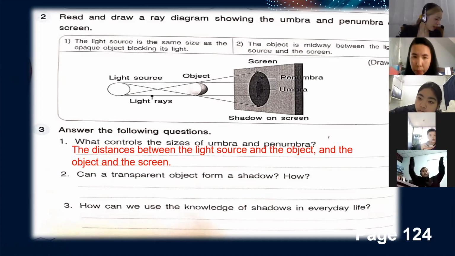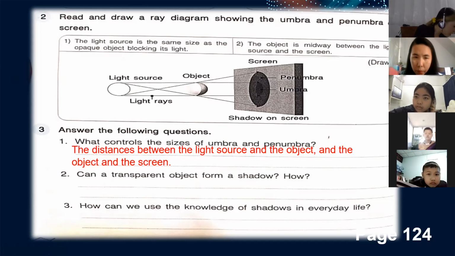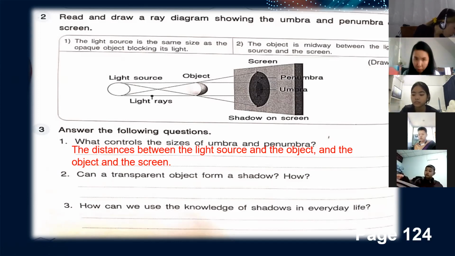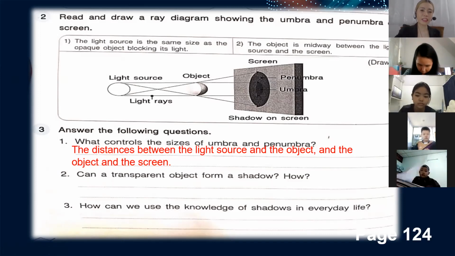You can see that on page 122. The science fact, the bottom part.